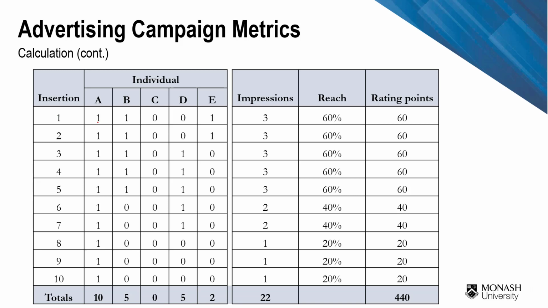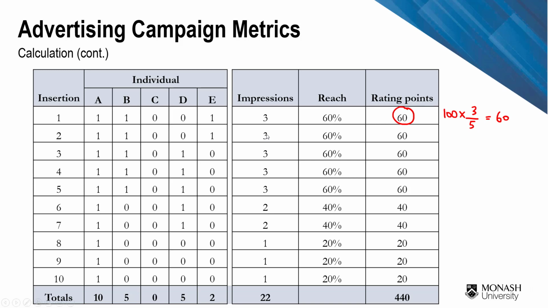In the first insertion, there are 3 people that have the opportunity to see this ad. So because of that, there are 3 impressions, and the rating point of that will be simply 100 times 3 divided by 5. So this is going to give me 60. So that's how 60 is right here.